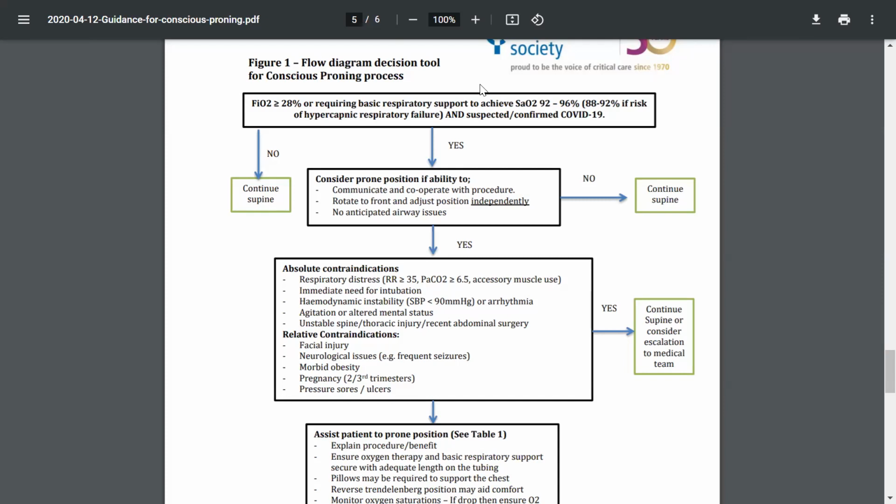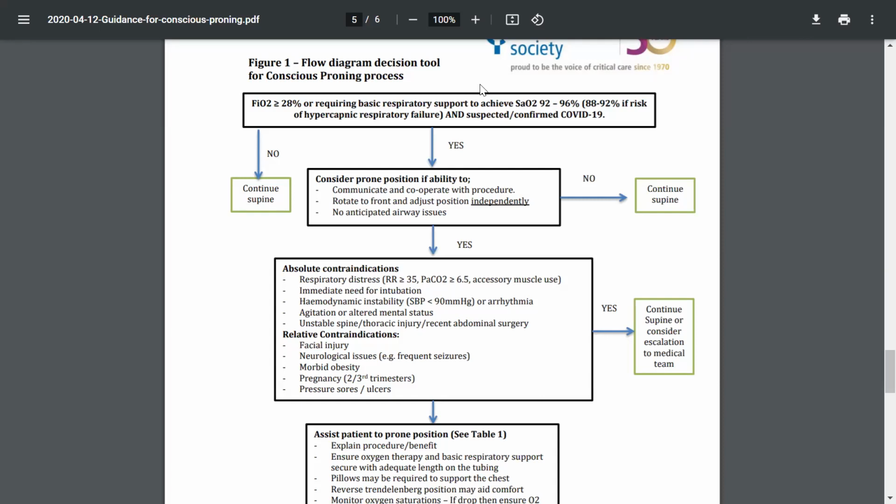But it requires staff to do the maneuver of proning the patient. In other settings, they have beds you can manipulate, but in our setting, it requires staff to prone the patient, with a risk of dislodgement or removal of the NTT.